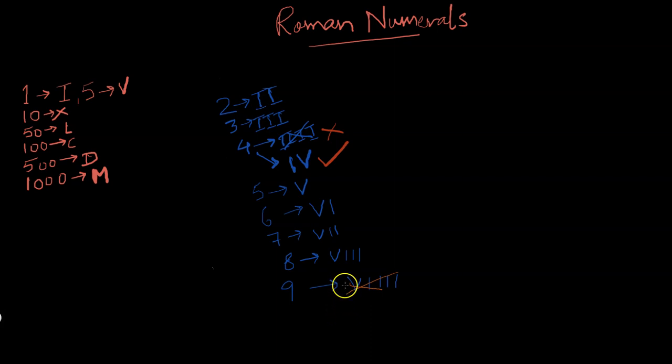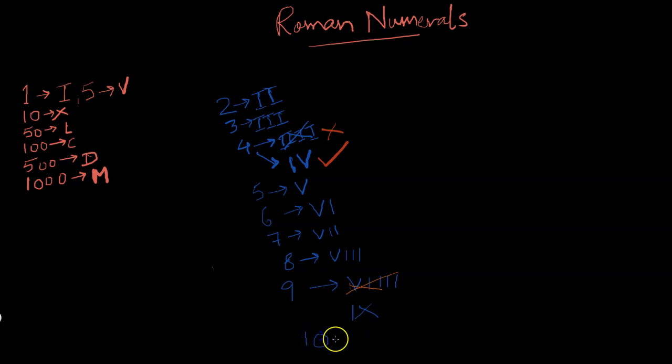That's 10, and we see in this table on the left that 10 is represented by X, right? So I'm going to write this down here, 10, and subtract 1 from it. Whatever you take out from the bigger number goes on the left side. So this is 9.